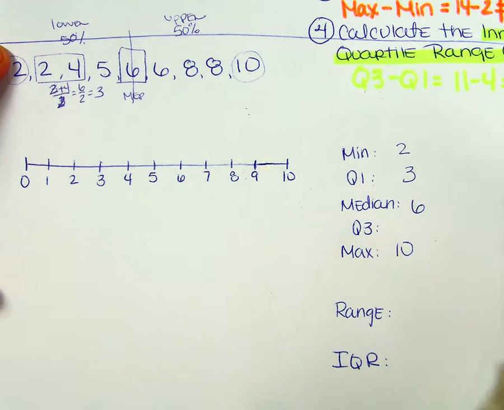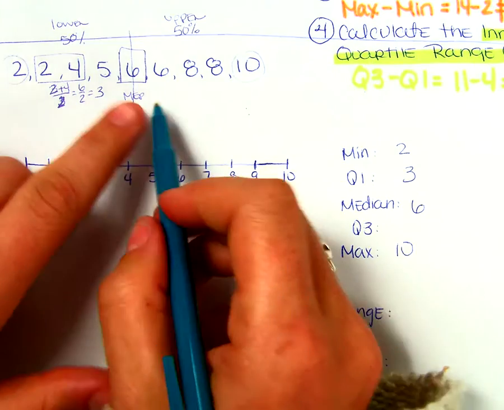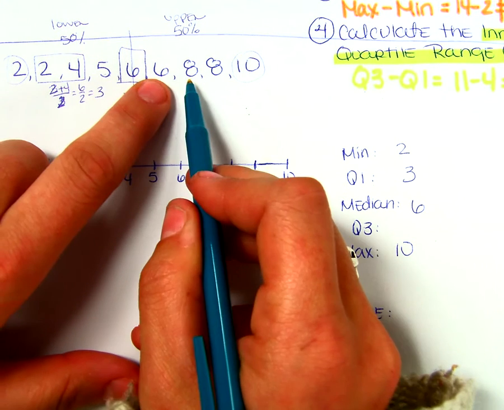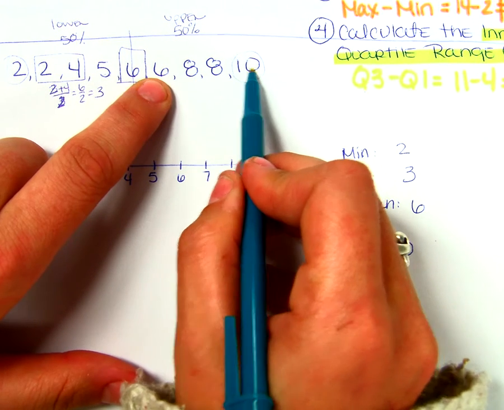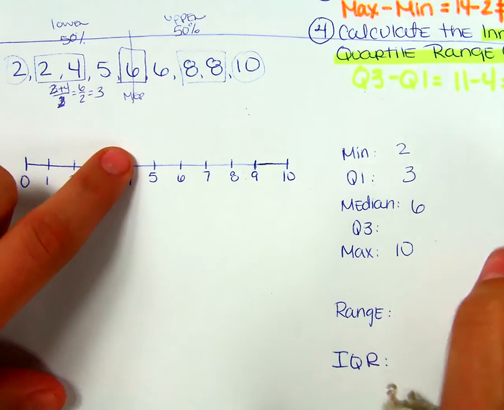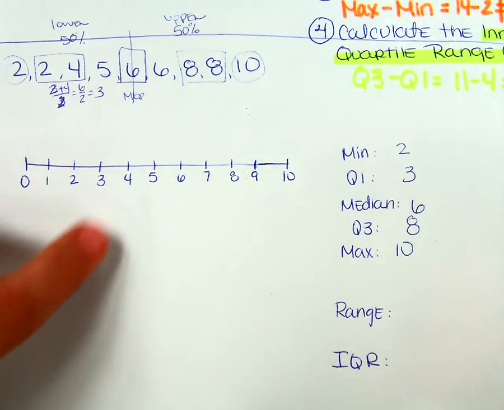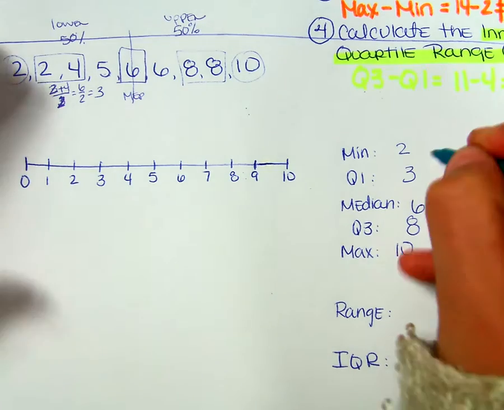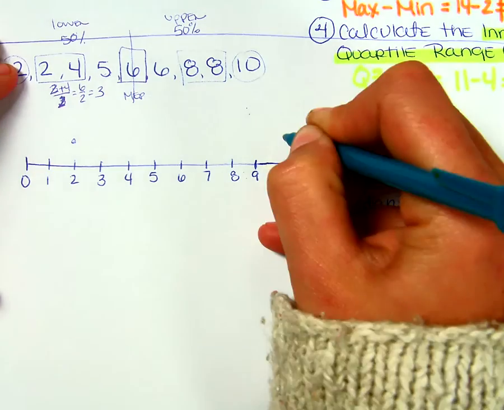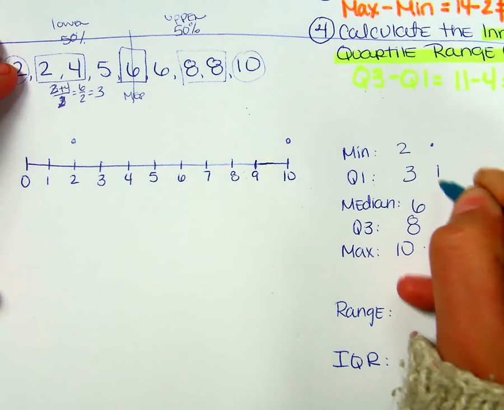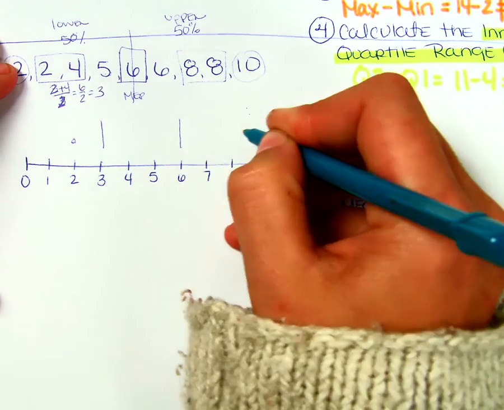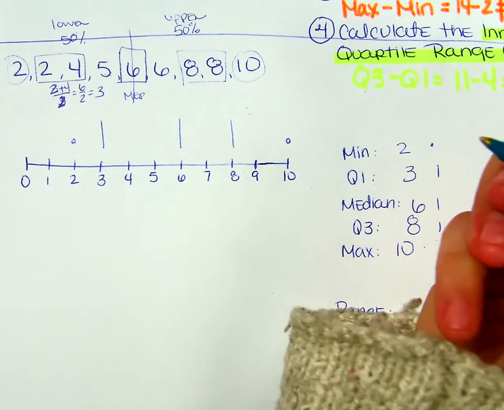So quartile 1 is 3. Again, we're not putting our finger on the median because the median is a value. I'm going to start at 6 and 10, count in. So 8 plus 8 divided by 2 would be 8. Put a dot at 2, dot at 10, and lines at 3, 6, and 8. Draw the box.